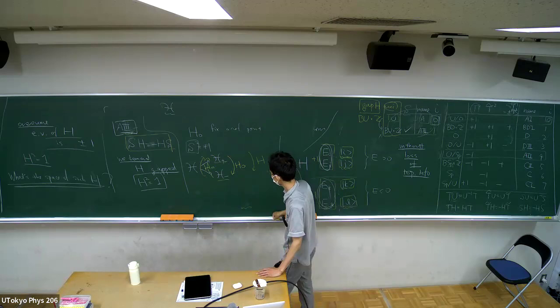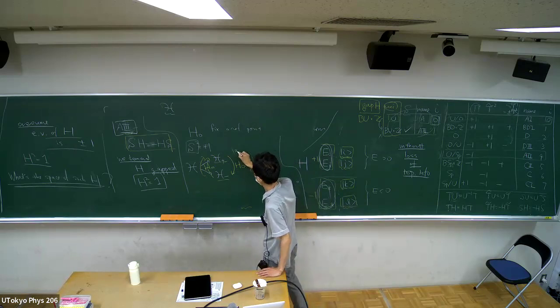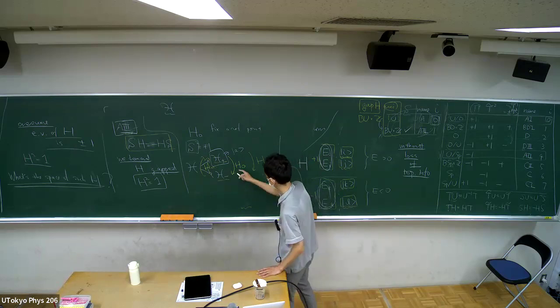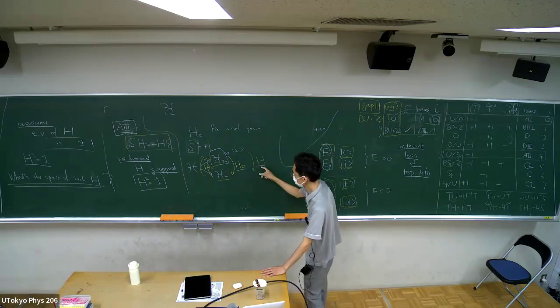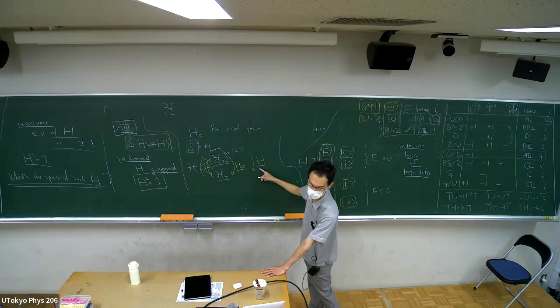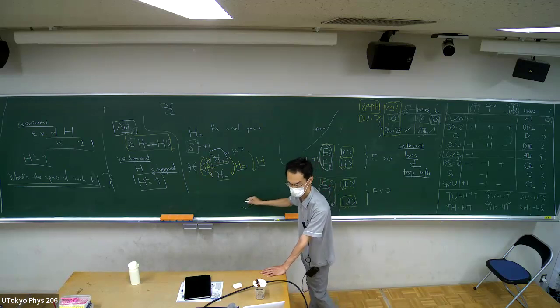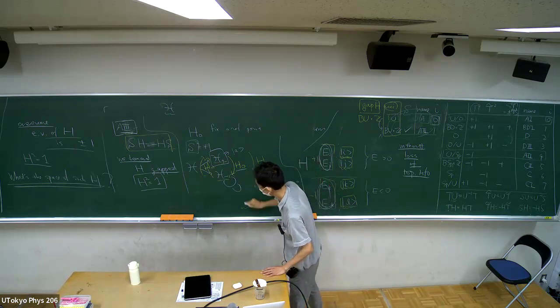This means that starting from a vector in this H plus part, the image by H0 and H are related by some unitary transformation U acting within H minus.